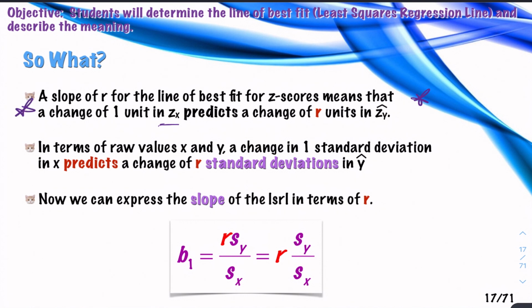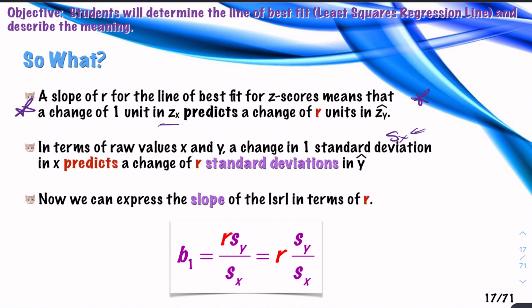In terms of raw values x and y, a change of one standard deviation in x, S sub x, predicts a change of R standard deviations in y hat. Notice that x is the actual value, the input, and y hat is our predicted value, not our actual output value.